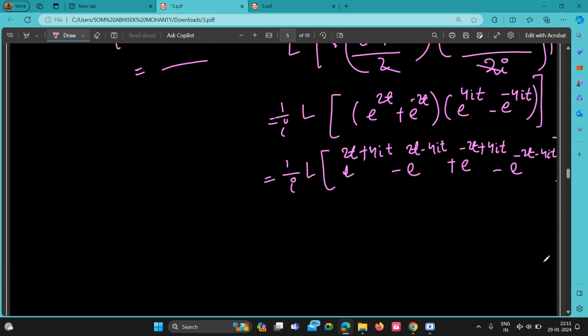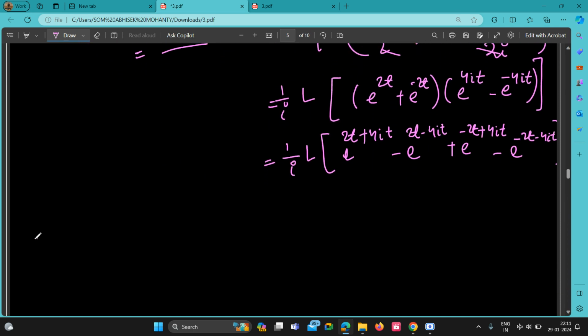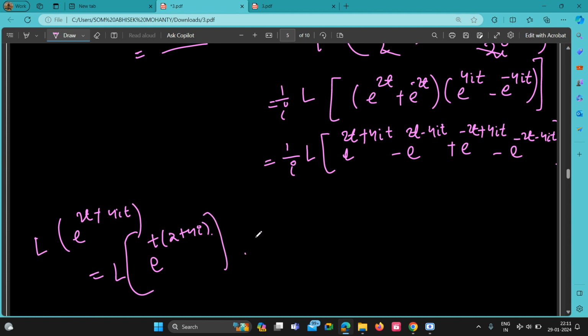So all of this we can calculate, right? Laplace of e to the power (2t plus 4it) will be how much? That will be Laplace of e to the power t times (2 plus 4i). What is the value of Laplace of e to the power at? It is 1 by s minus a.